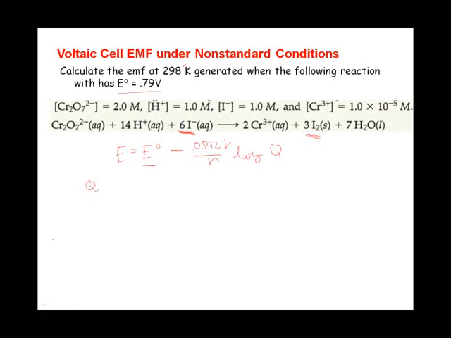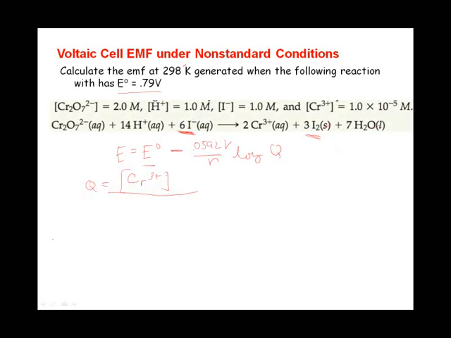So Q is going to be, here's the equation. So the nice thing about equilibrium constants and Q is that solids and liquids are not part of the equation. So it's really just the aqueous materials, Cr3 plus, if I'm dealing with solutions, otherwise it's the gas pressures, remember that?